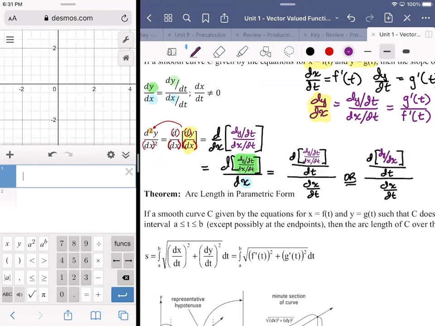So it's telling me to take the derivative of my first derivative with respect to t and then divide it by the derivative of the x equation with respect to t. All right, so really, really interesting stuff. So what I'll do here before getting on to the arc length stuff is we'll flip to the next page, try an example or two, and then we'll come back and dig into some other stuff.